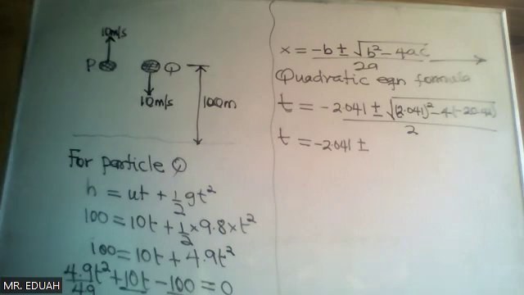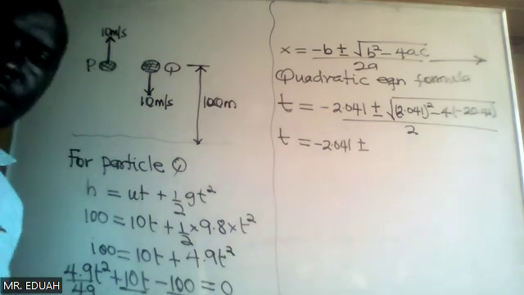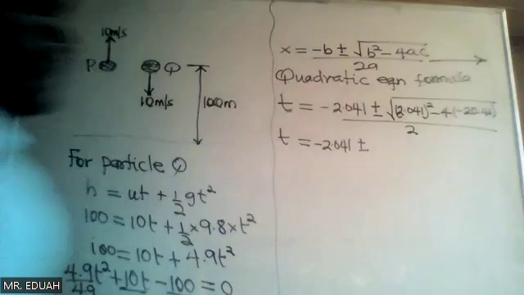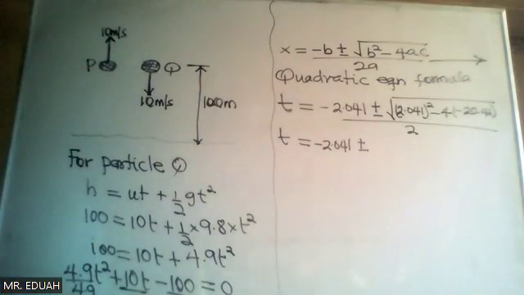What is 2.041 squared? I'm waiting for you to simplify what is within the bracket for me.